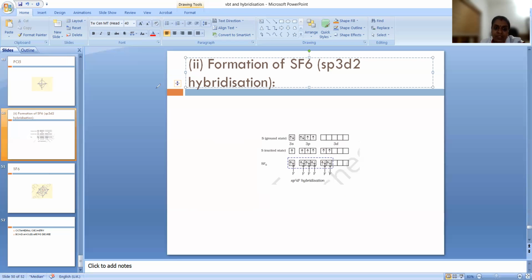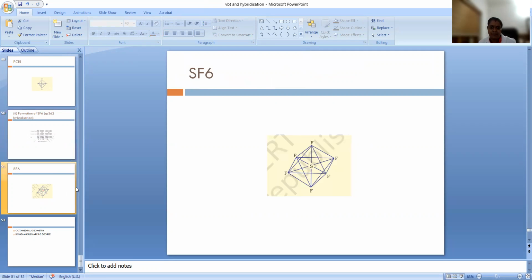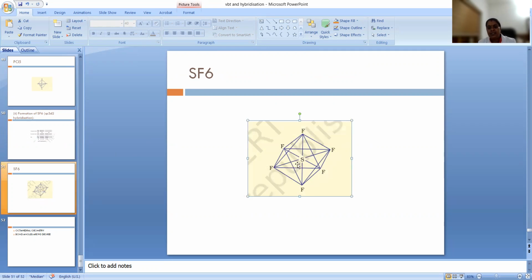This is the geometry we are going to get, and in this geometry the bond angle is 90 degrees everywhere.